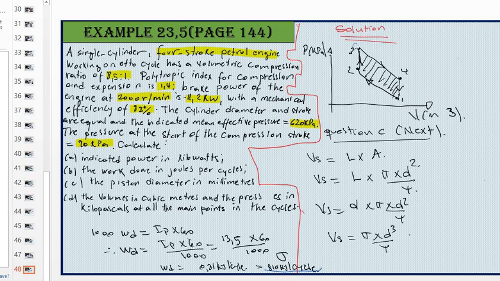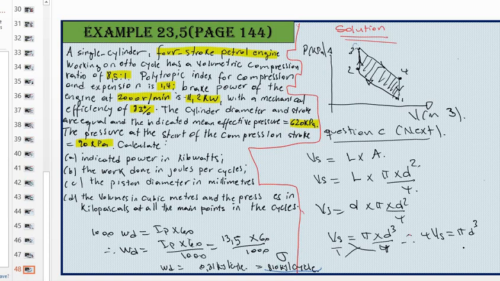So the objective is to make d the subject of the formula. To do that, we are going to use cross multiplication. We multiply these two and these two as well, so we get 4 multiplied by Vs is equal to pi d cubed.